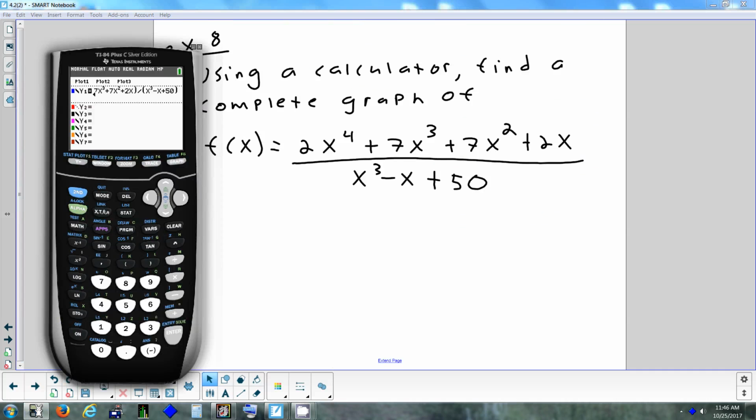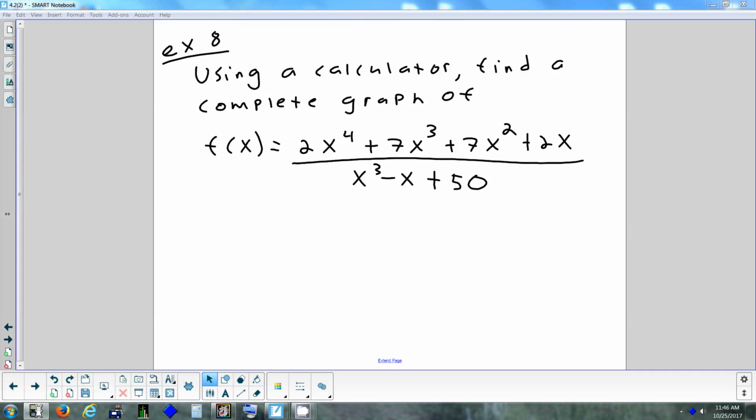Okay, I'm going to do zoom 6 and let's see what it looks like. Before I even put it up on the screen, what kind of asymptote would you expect here? Look at the degree in the top and the degree in the bottom and the difference between them. Yep. A curved asymptote. What's the difference in degree?